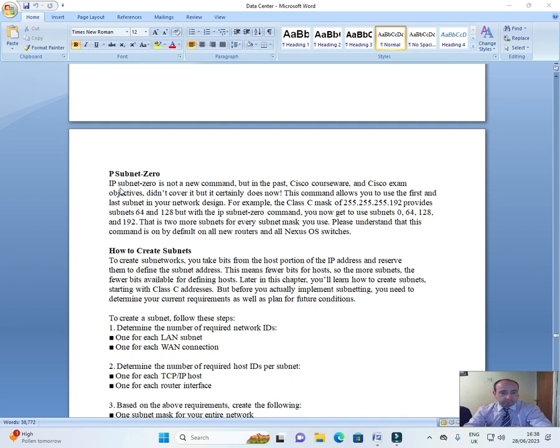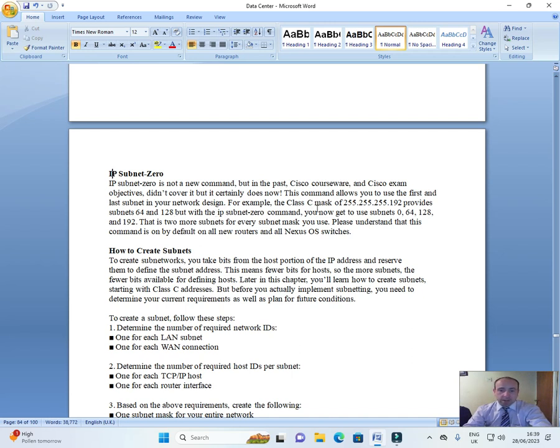IP Subnet-Zero. That should probably be IP Subnet-Zero. It is now a new command, but in the past, Cisco courseware and Cisco exam objectives didn't cover it, but it certainly does now. This command allows you to use the first and last subnet in your network design.